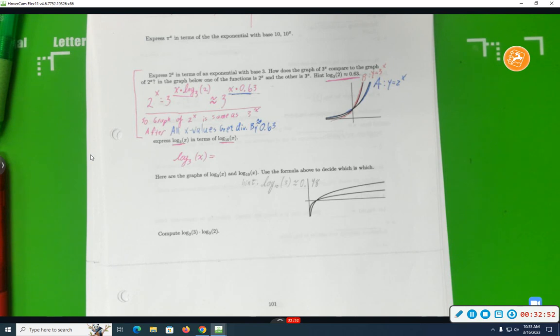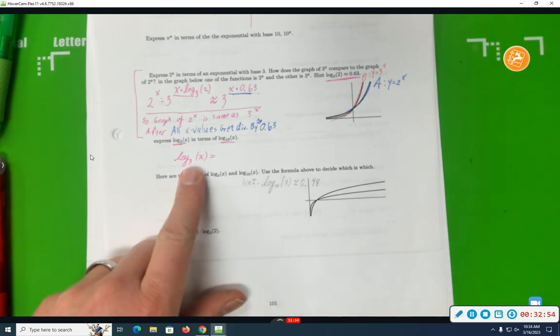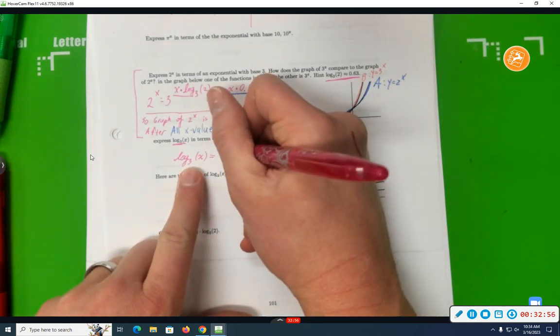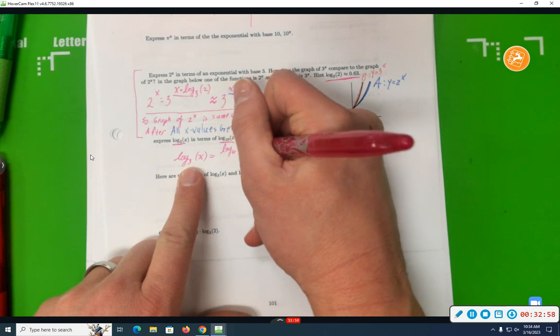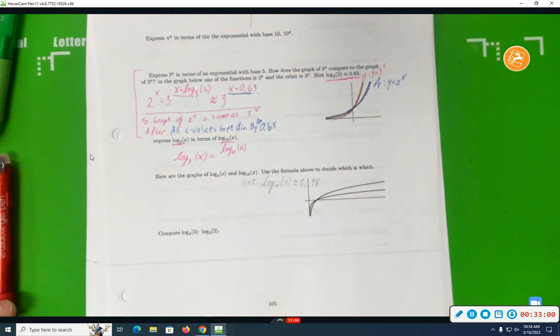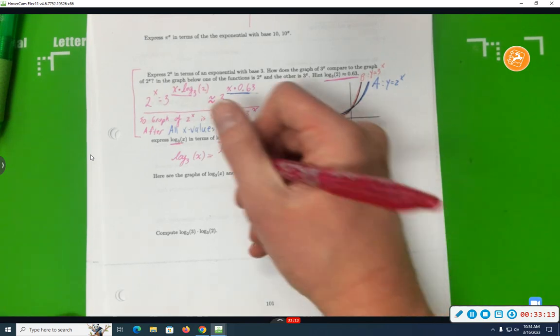Cool. So log base 3 of x is exactly the same as log base 10 of x, but what do I need to divide by according to that rule? Log base 10 of 3.